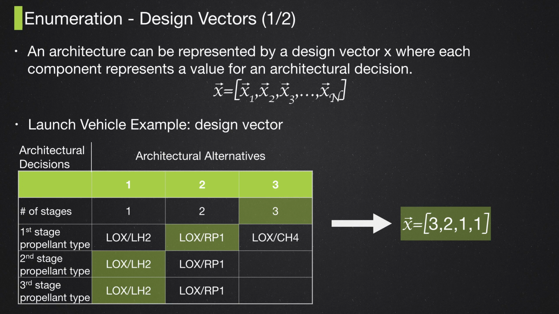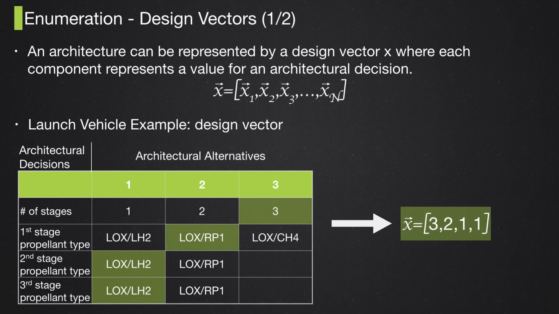So as you can see here in the slide, you have decisions on the rows and architectural alternatives on the columns, right? This is an example of a launch vehicle. First decision here is number of stages. Second decision is propellant type on the first stage. Third decision is the propellant type on the second stage, and so forth.